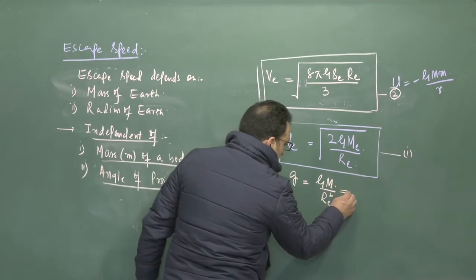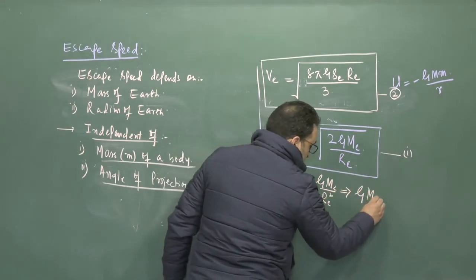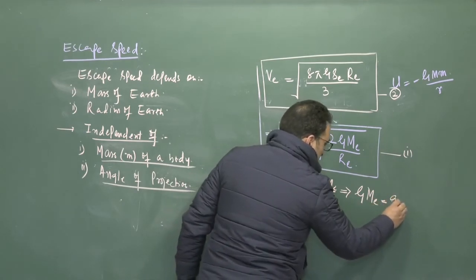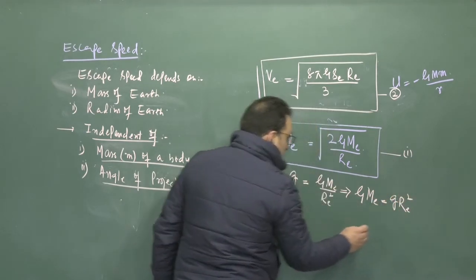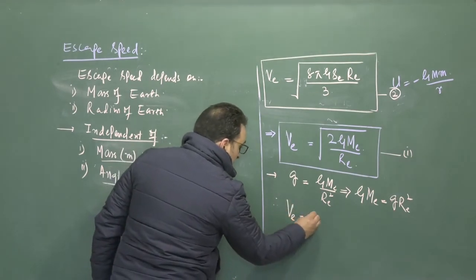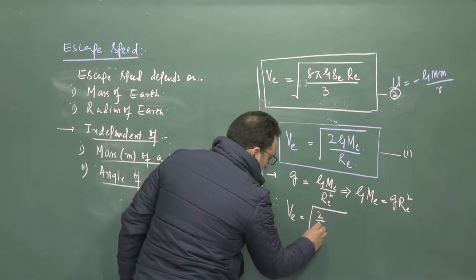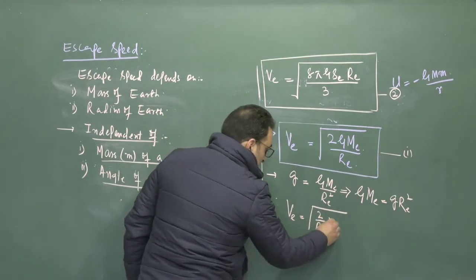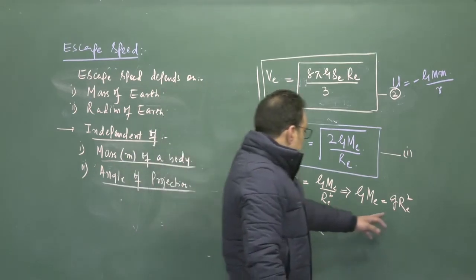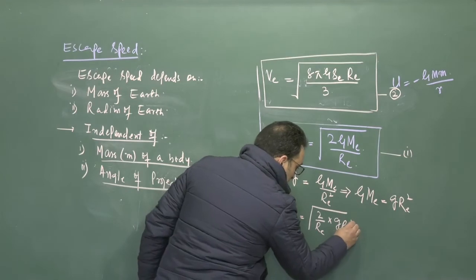Now, if we write this as GMe equals g times Re square, therefore, equation first becomes Ve equals under root of 2 by Re into GMe, which can be replaced by g Re square.